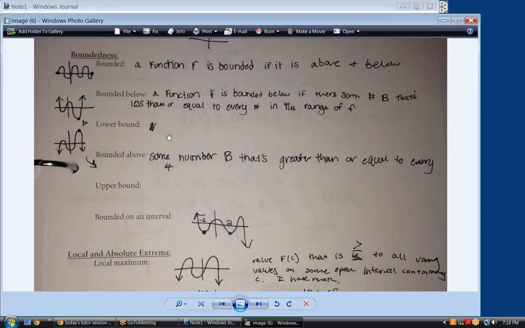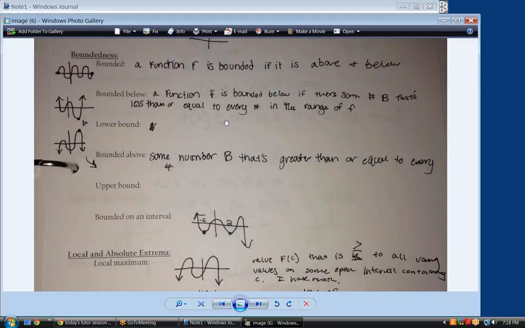This function here, is that bounded? Yeah, bounded below. Only below, not above, but there's its lower bound.